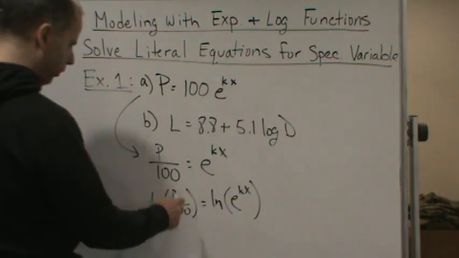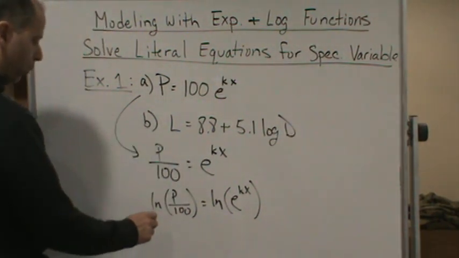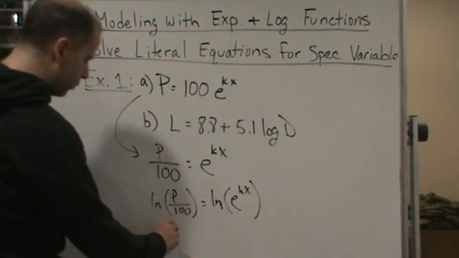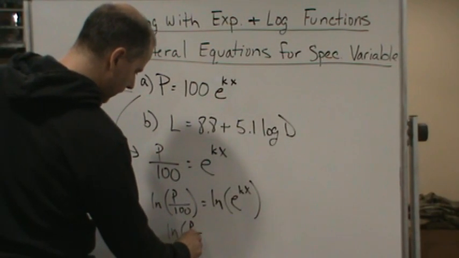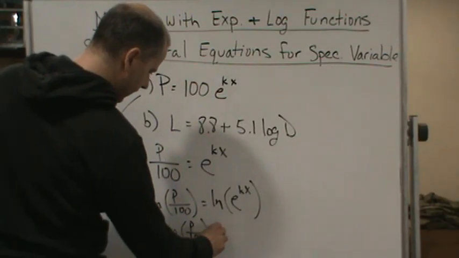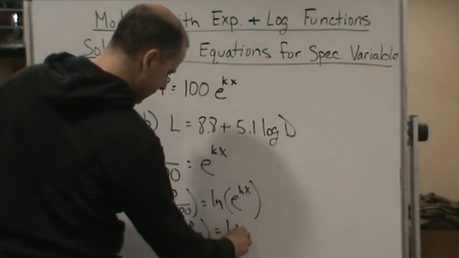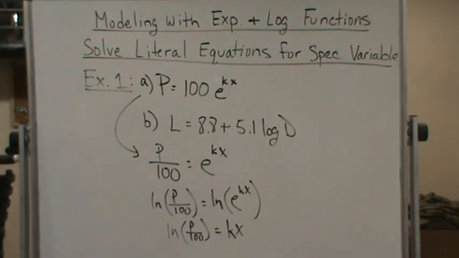Okay? So in this case here, we end up with what? We end up with the natural log of p divided by 100 equals k times x. And then at this point, all we have to do is just divide both sides by the constant k.